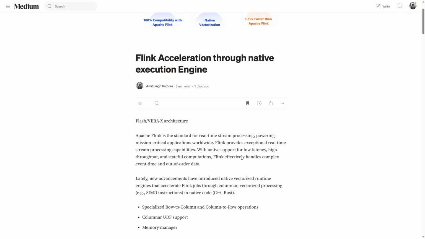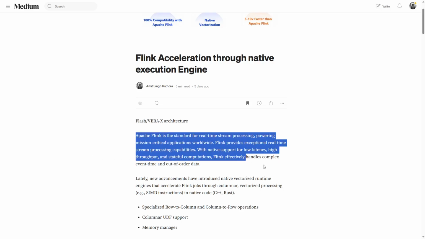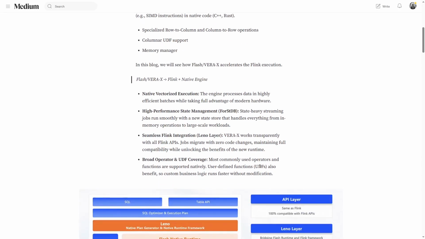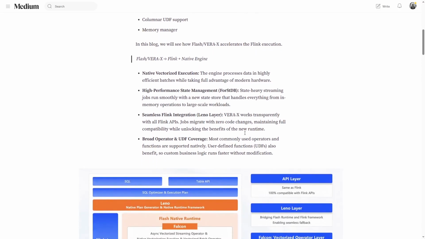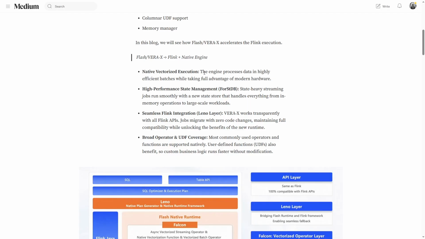So what happens in this case is the native engine part that comes into Flink is based on certain optimizations that they have done. First, the native engine processes data in highly efficient batches. For example, let's say we are processing 1 lakh transactions per second.